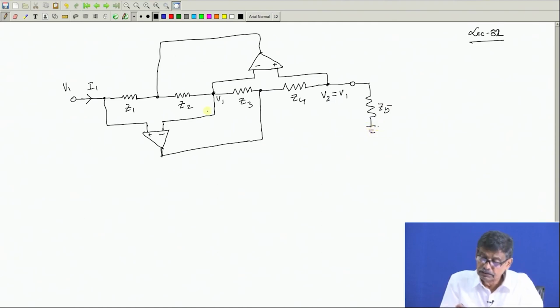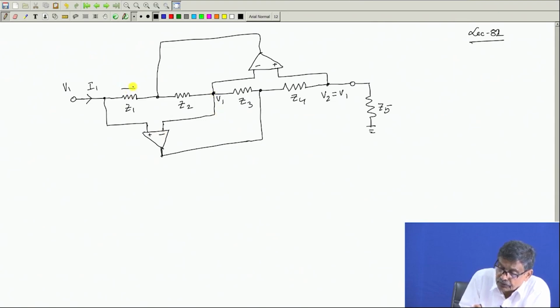Okay. So, all the potentials are with respect to this, as V1, I1. Now, let us see the currents. This is current I1. This ideal op amp will not draw any current. Therefore, this I1 has to flow through this Z1 as well.